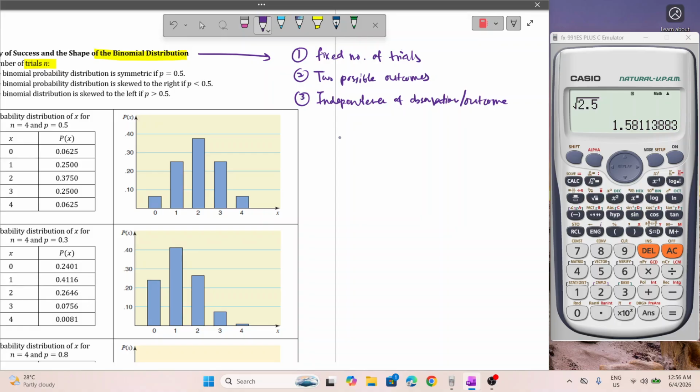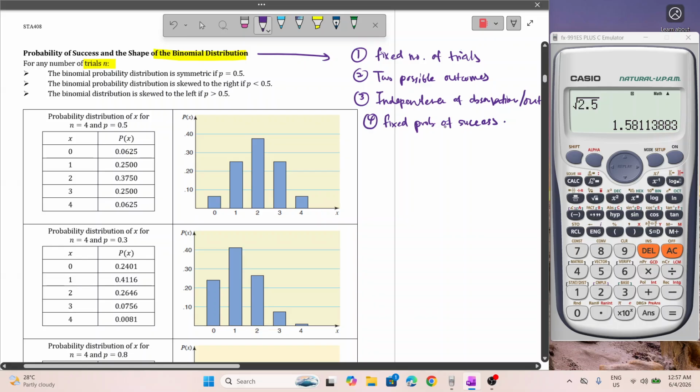And what is number four? Okay, a fixed probability of success. The probability of success remains the same across the number of trials.